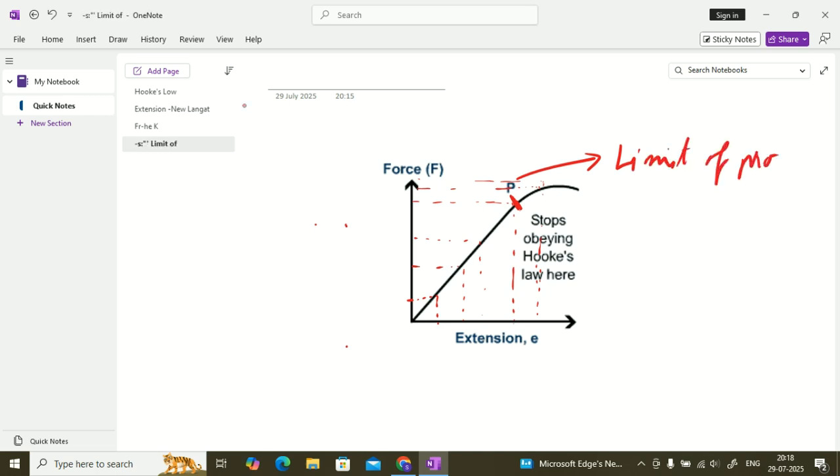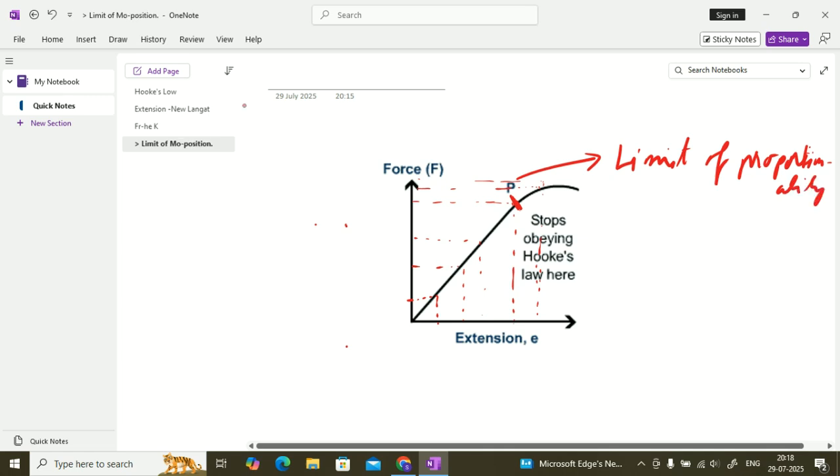Now we already know the word proportionality. Limit of proportionality means that when we extend the spring beyond this limit, the spring is going to be deformed permanently.